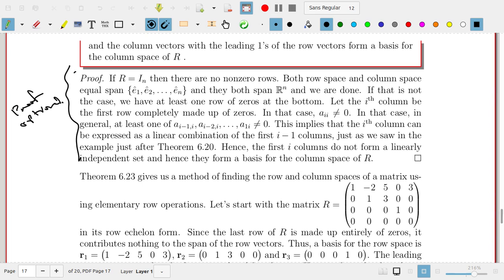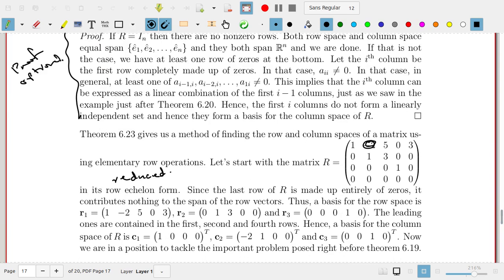In fact, this element here should be 0, because it is above a leading one. So this is in its reduced row echelon form.